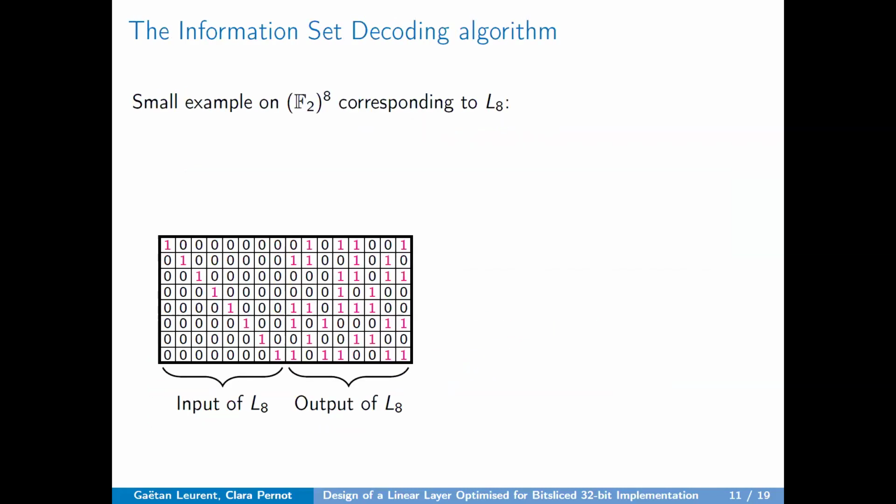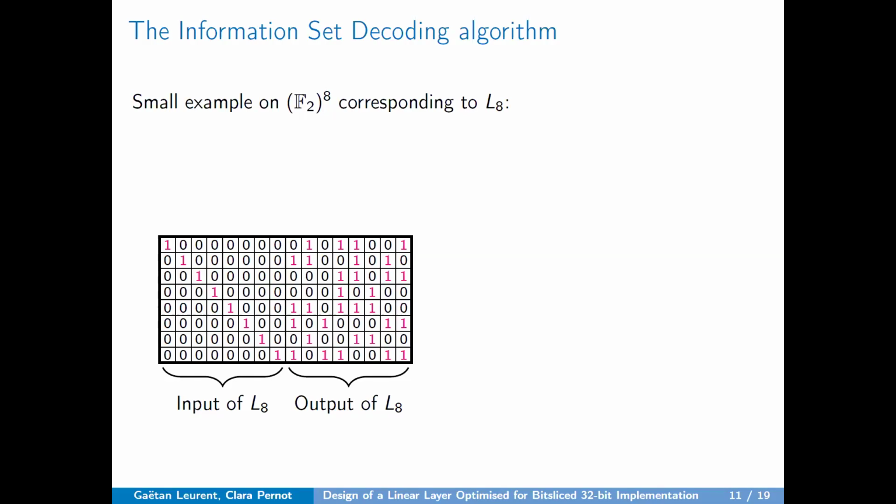Here I just represented a small example on F2 to the 8th. So it exactly corresponds to one linear layer of 8 bits on one word. And the matrix corresponds to the input of L8 at the left and the output on the right. Because it's linear, we just need to evaluate the linear transformation on a basis.